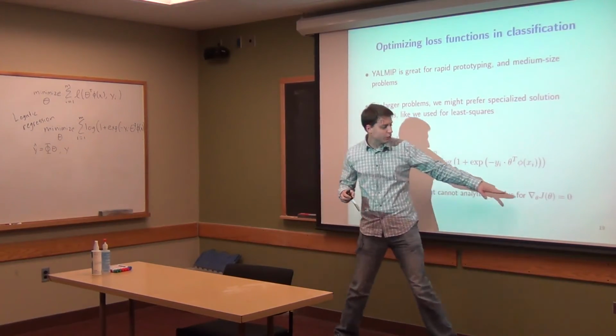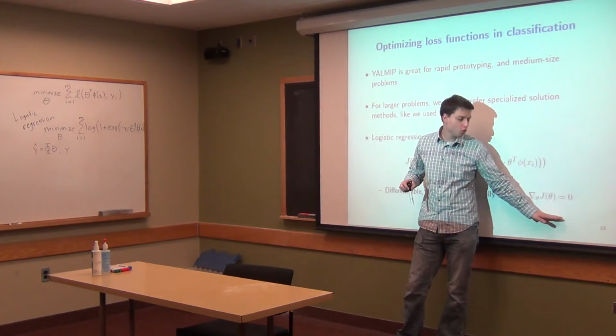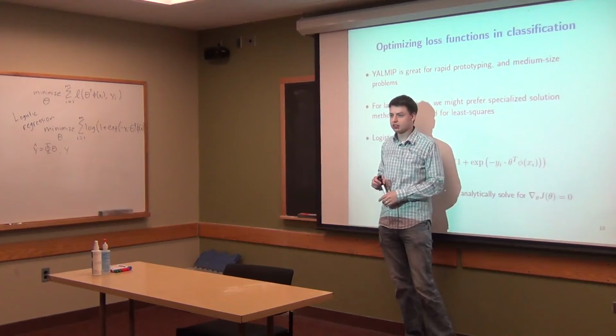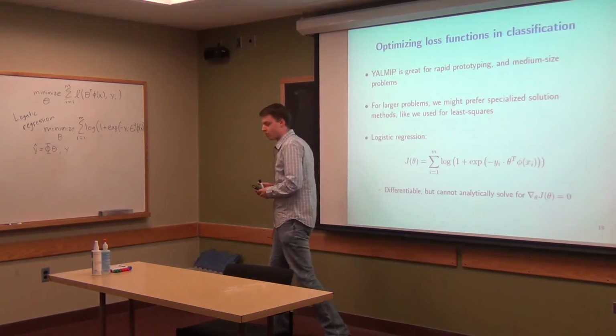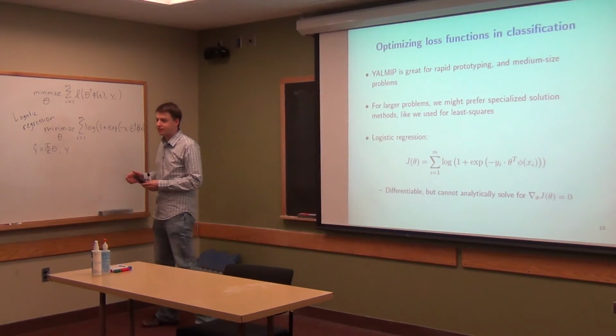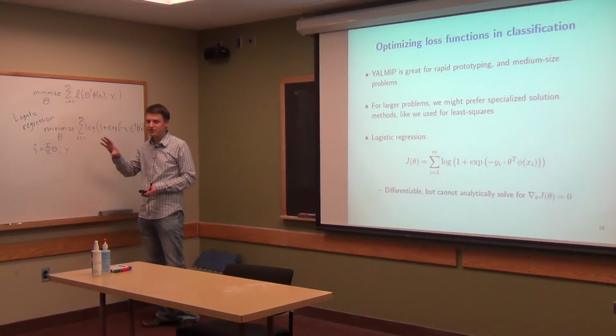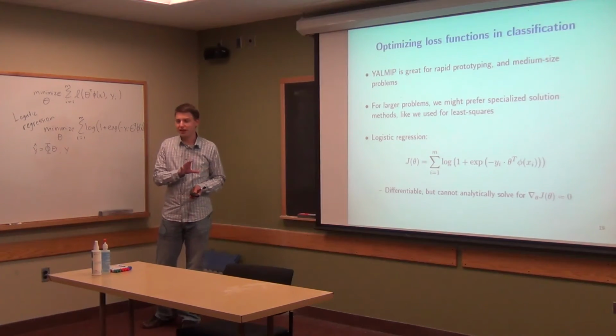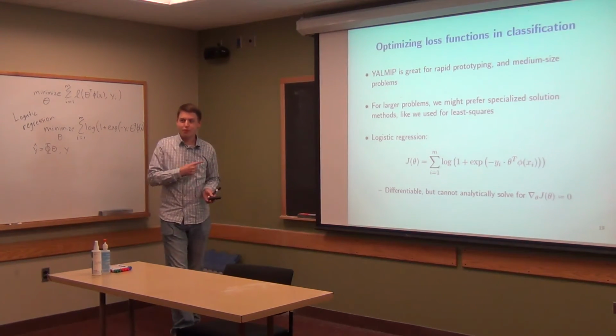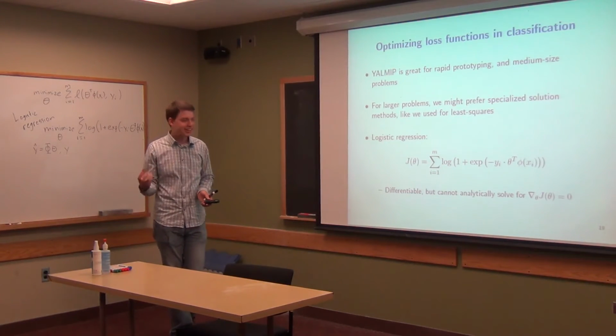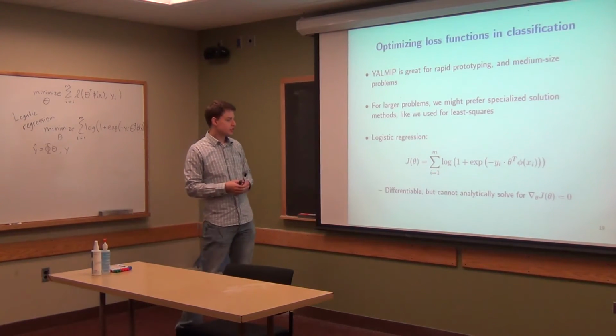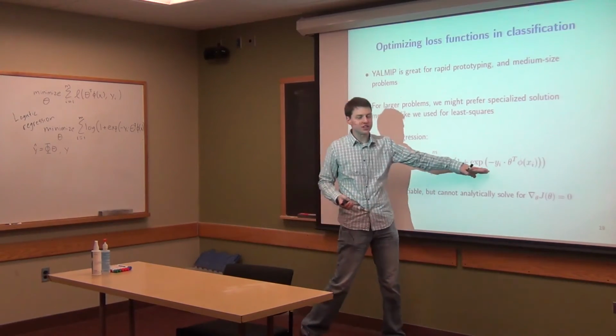But if you try to set it equal to 0, there's no way to do what we do with least squares, moving everything that involves theta to one side and everything that doesn't to the other side, and just having the solution right there. That part is very hard. And so you can't get an analytical solution to this function.